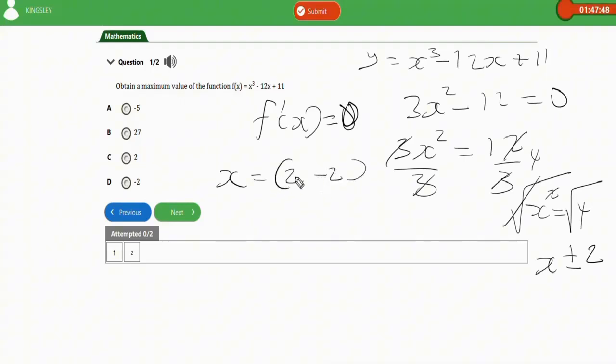Now, we have gotten the critical points of x. Let's now apply second derivative test. That's how you can determine the maximum value or minimum value of a function.